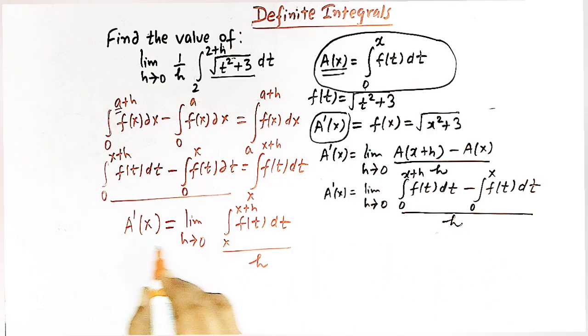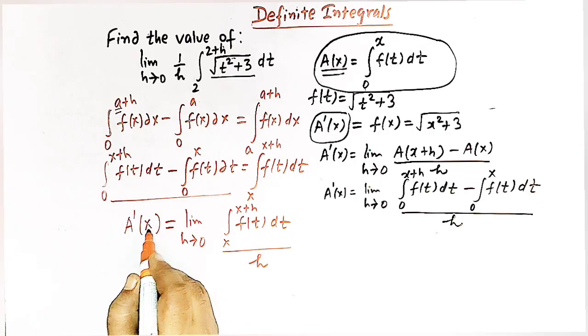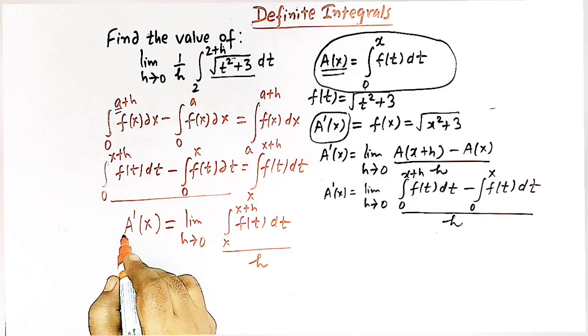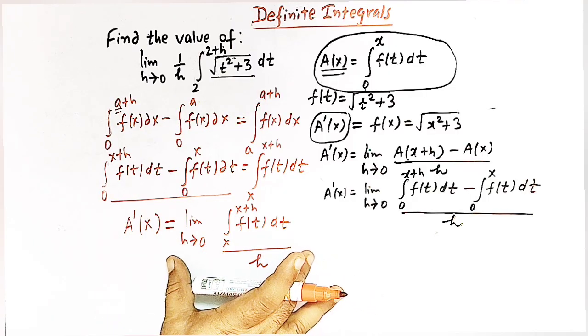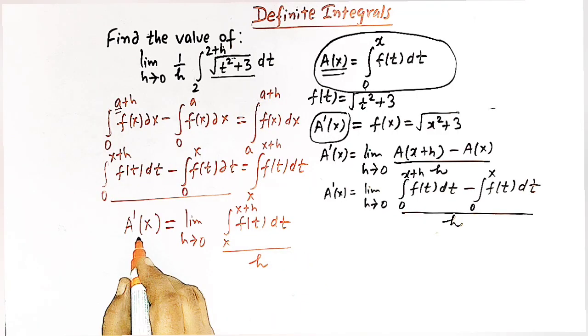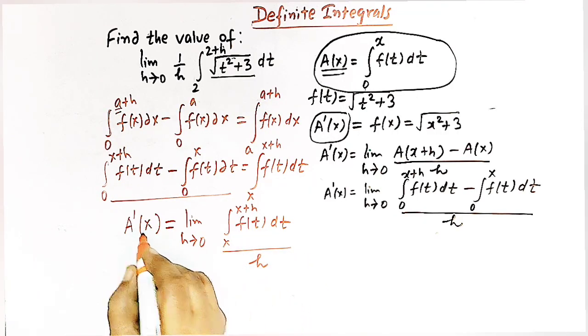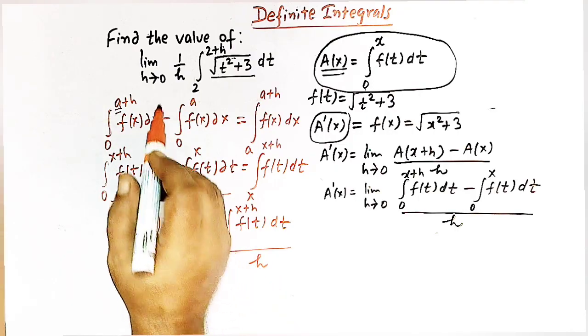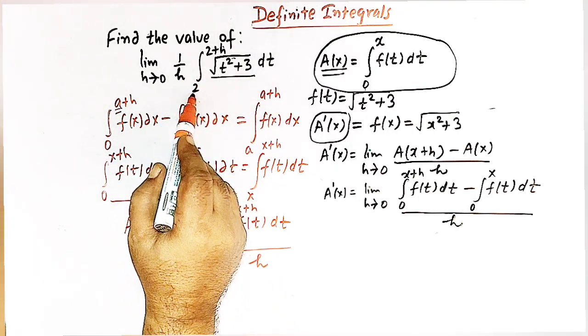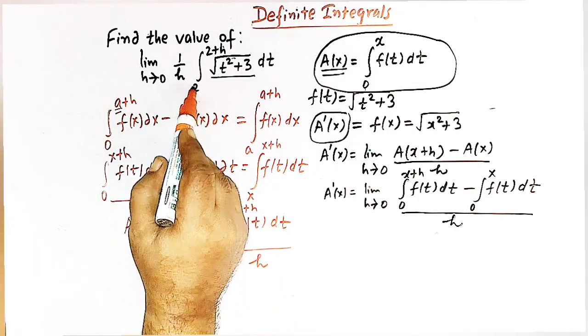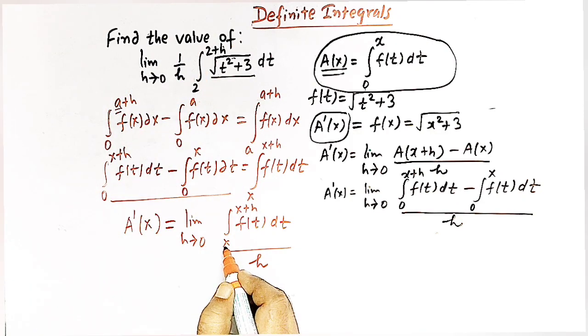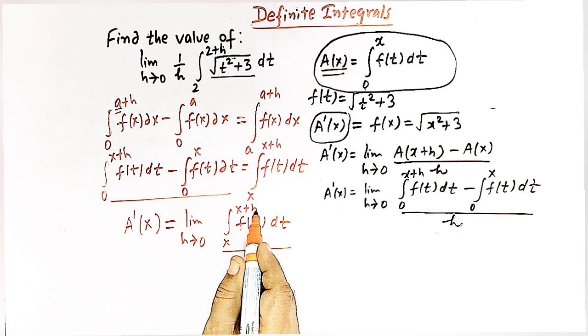Okay, so now A prime of x, this is a function of x, so A prime of x is now given by this limit, right? So let us now replace this x by 2, because here we have the limits from 2 to 2 plus h, and here we have x to x plus h, right?